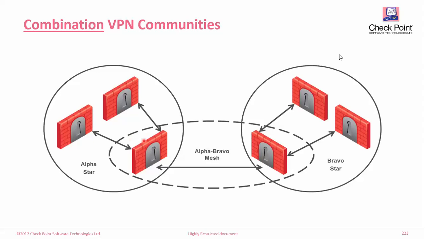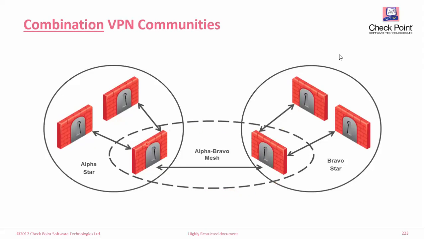London has branch offices that only need encrypted communication between the satellites and the London headquarters. Same way in New York, it has satellite offices, but again, they only need encrypted communications between themselves and the New York headquarters. However, we want to set up another VPN community between London and New York.